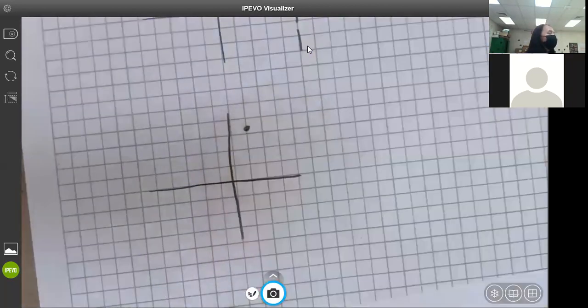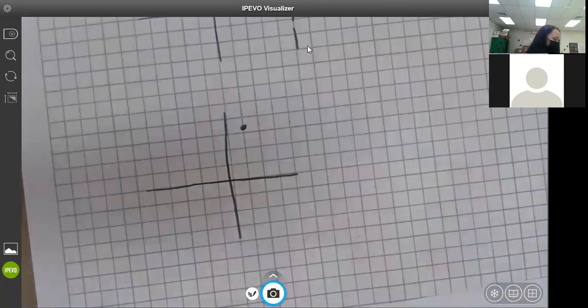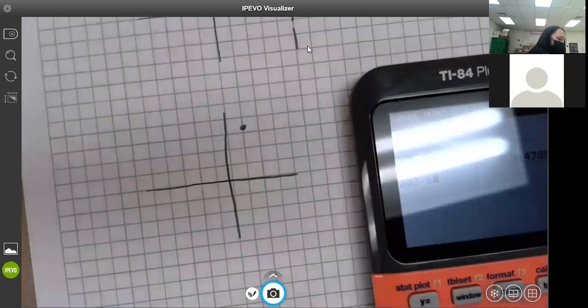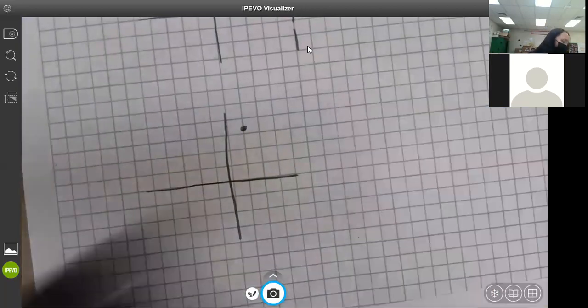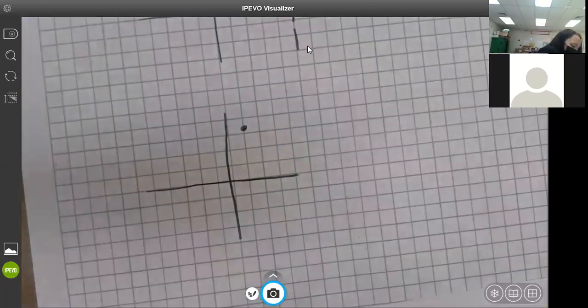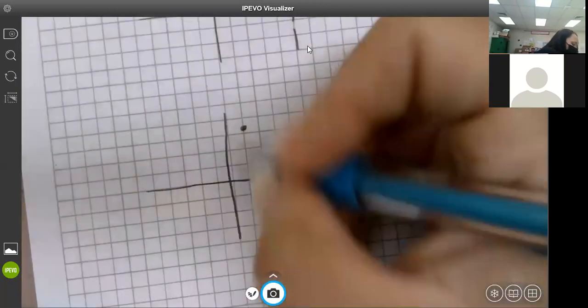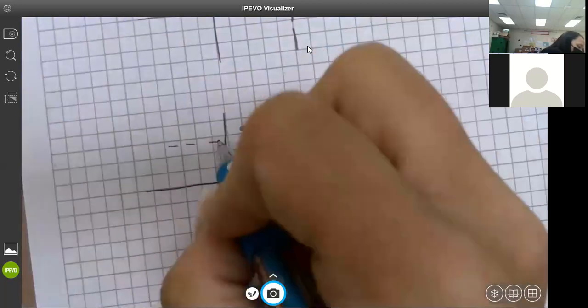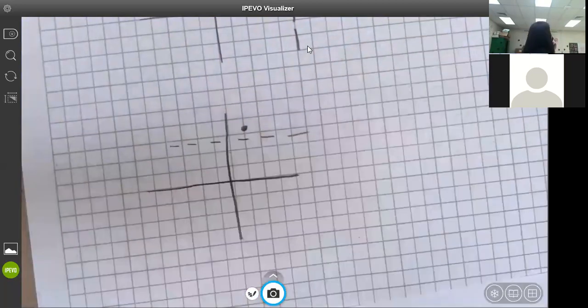So over 1, up 3, whatever. And then your directrix is 203 over 68, which is 2.99. So your y-axis is here. 2.99 is right here. The reason I do that, again, is for reference.